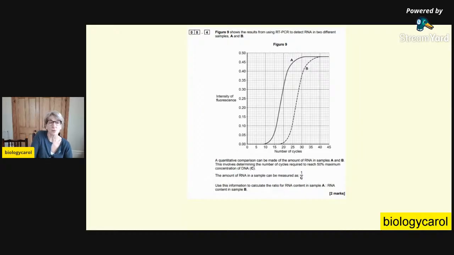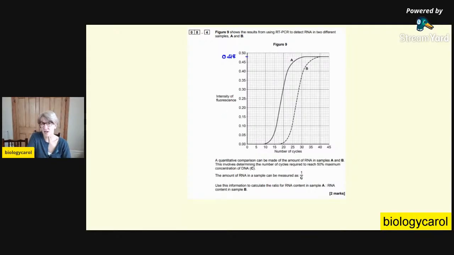Well, we've been told that RNA content is 1 over big C, and C is 50% maximum concentration of DNA, 50% of the maximum concentration. So here is the maximum concentration. This is our measure, the intensity of fluorescence: 0.48.